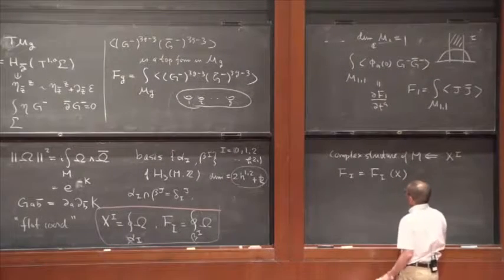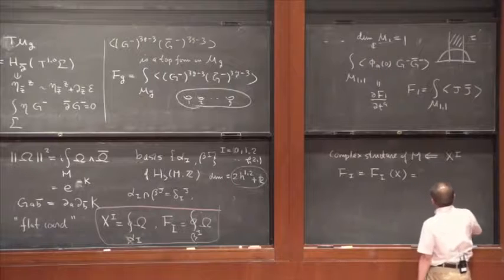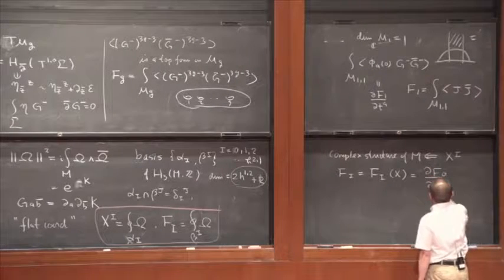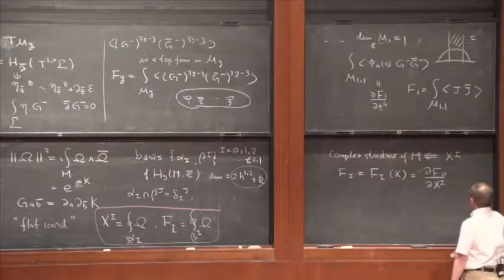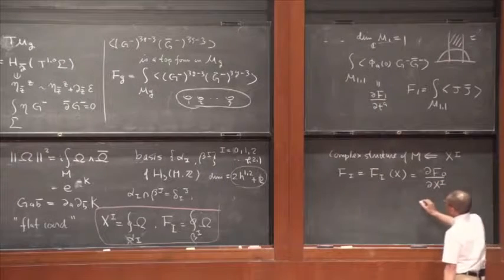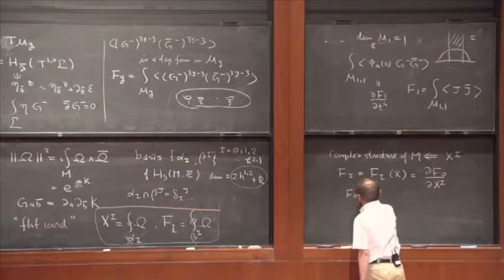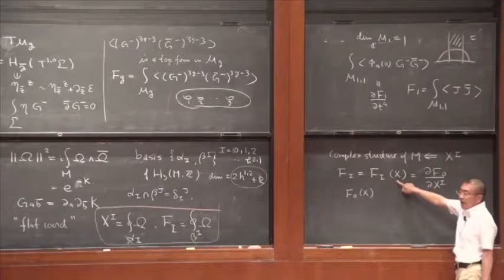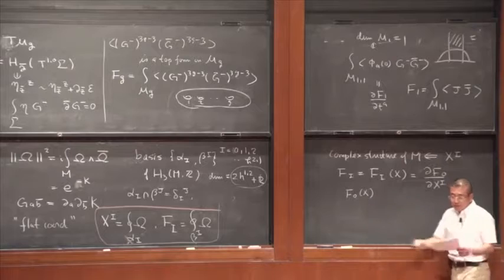It turns out that this fi can also be written as the derivative with respect to xi of some universal function f naught. So this is a degree 1 function, so this f naught should be a degree 2 function.